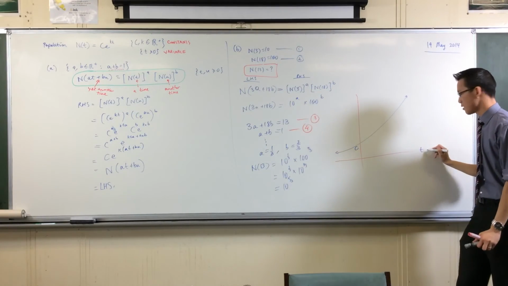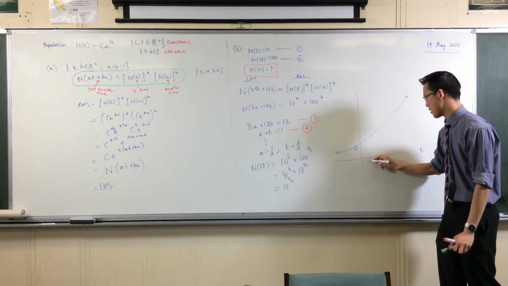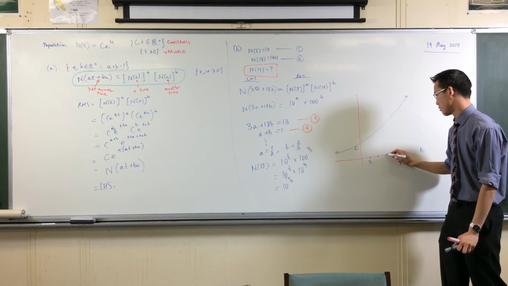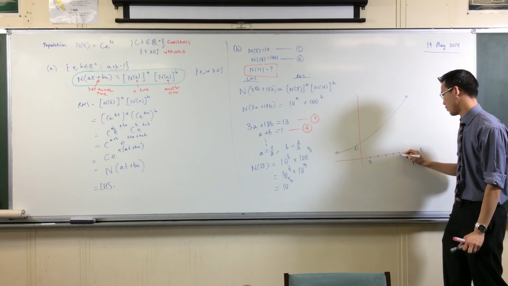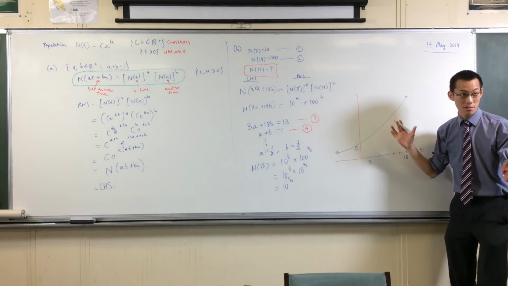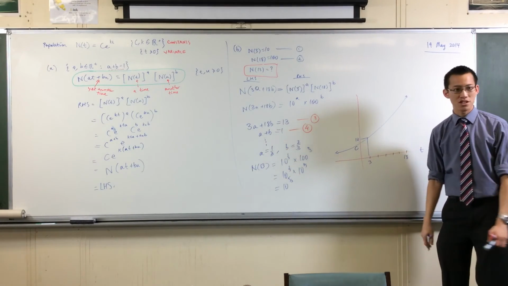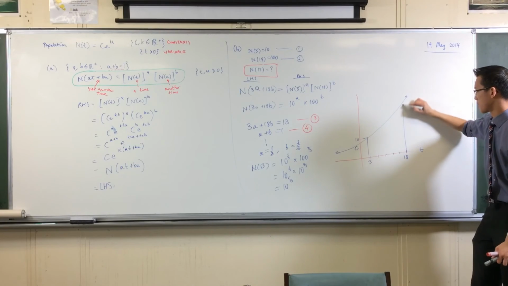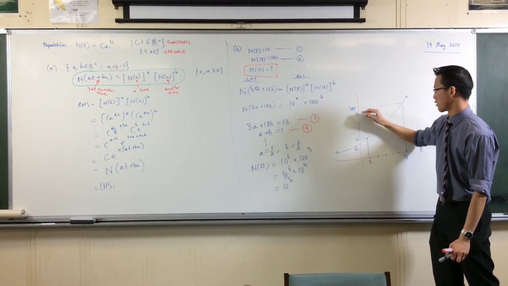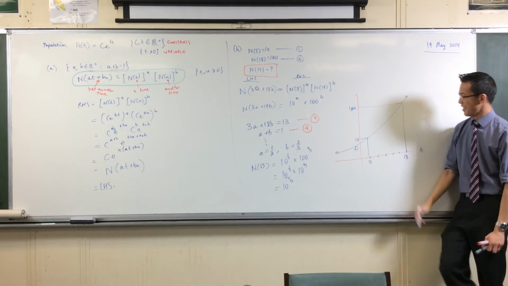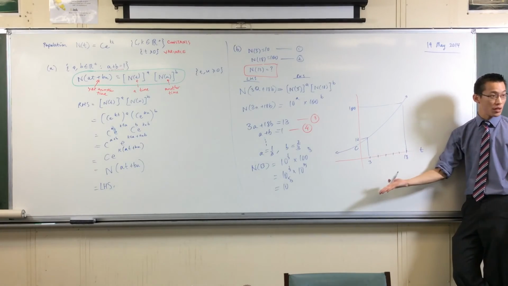Time is over here, so time 3 might be here, then 6, 9, 12, 15, 18, thereabouts. So they've said, look, here it's population 10. My graph's not quite right. Let's call it a logarithmic scale, then it's sort of okay. There you go, 2 populations at 2 different times.